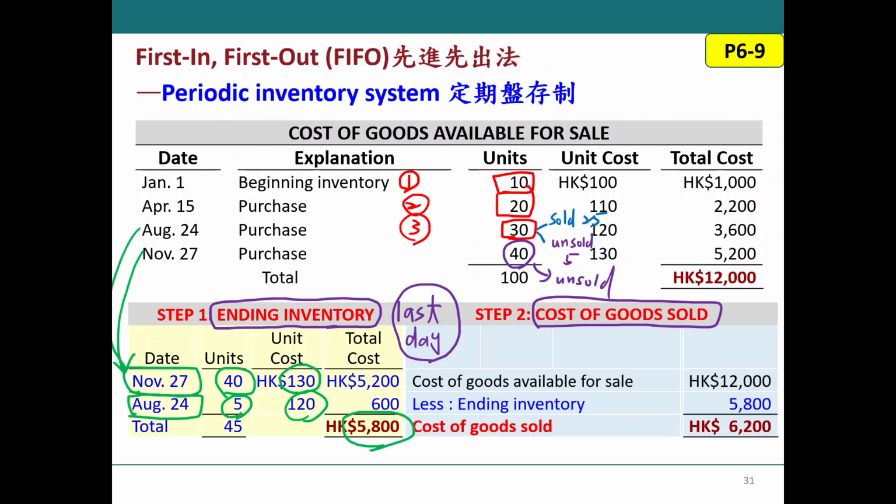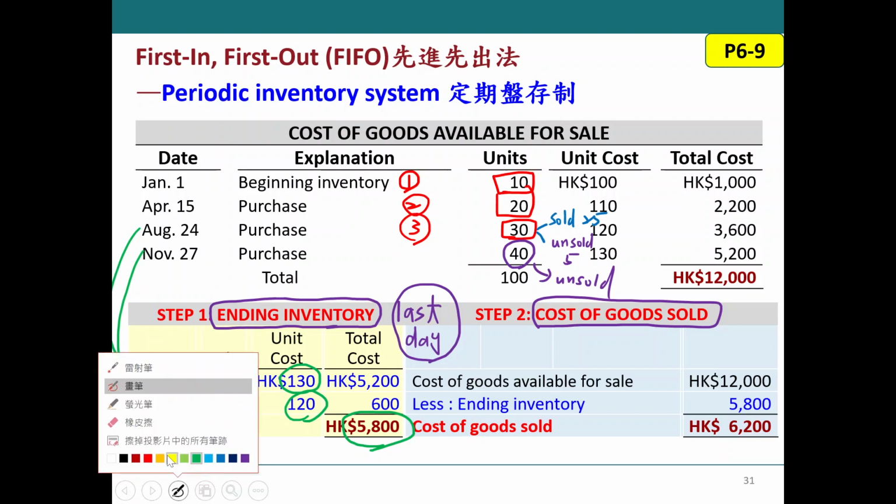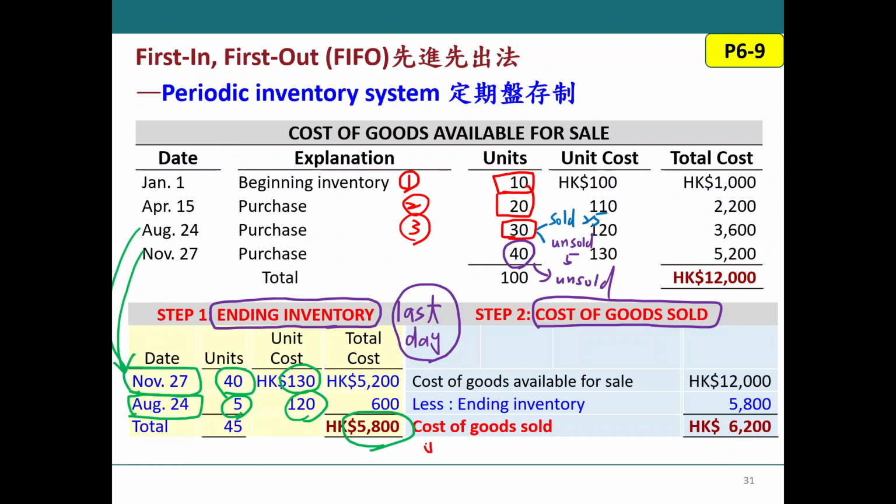Okay? How about your cost of goods sold? You could base on 3 purchases. First purchase, how much? From first purchase, you sold 10 units times unit cost 100. From second purchase, have a 20 unit. Each one have a unit cost $110. From your third purchase, you just sold 25 units.